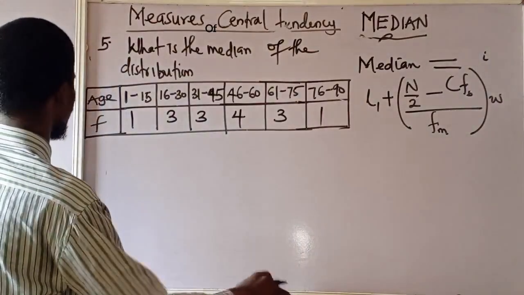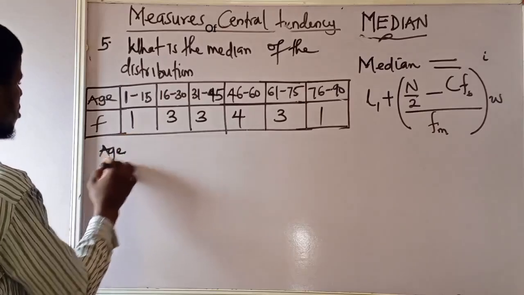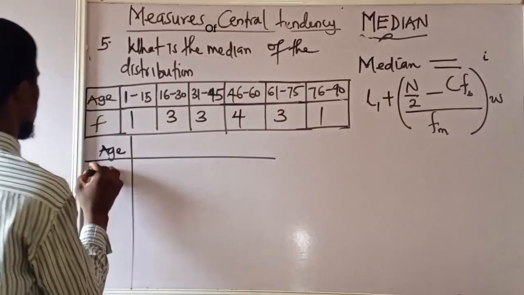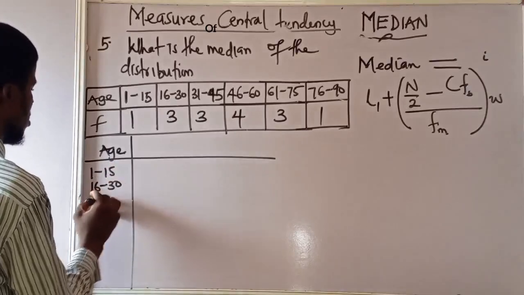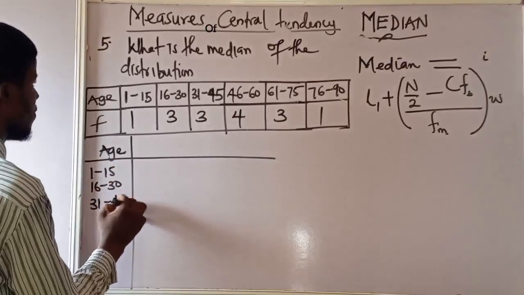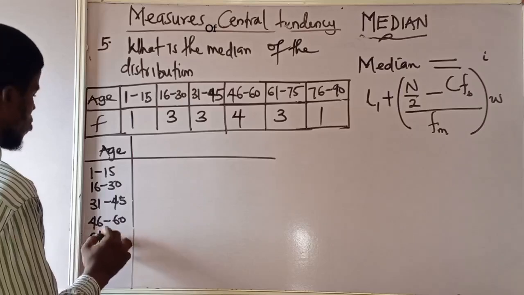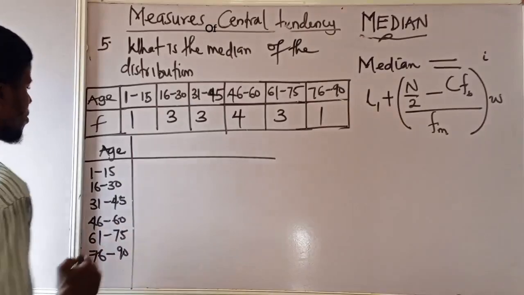Now see. Solution. We have the age, 1 to 15, 16 to 30, 31 to 45, 46 to 60, 61 to 75, 76 to 90.